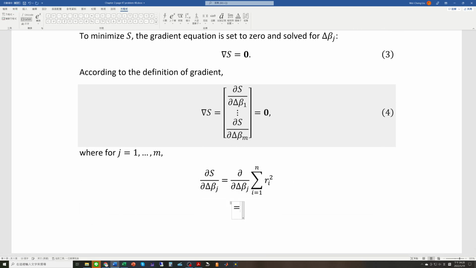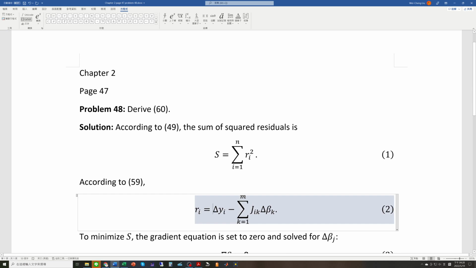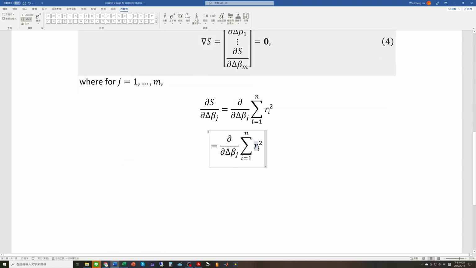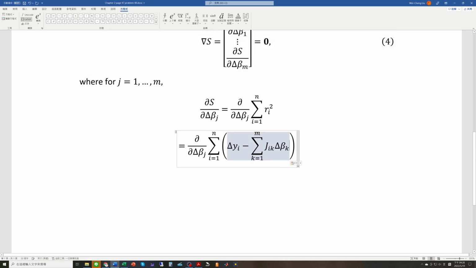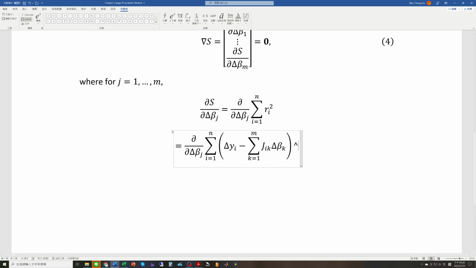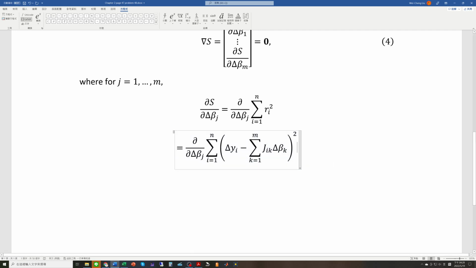It is equal to partial over partial delta beta J and summation Ri squared, and Ri is equal to this term, delta Yi minus this summation. Let me add a parenthesis here, and this term squared. Good.